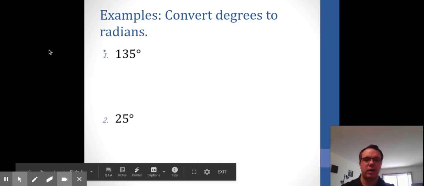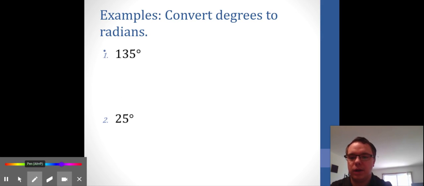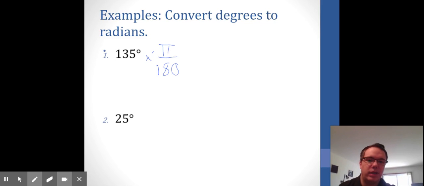So let's start with converting degrees to radians. So if I want to take 135 and get it to be in radians, I'm going to multiply by pi over 180. Because remember, there are 2 pi and 360 degrees, which reduces down to pi and 180 degrees.